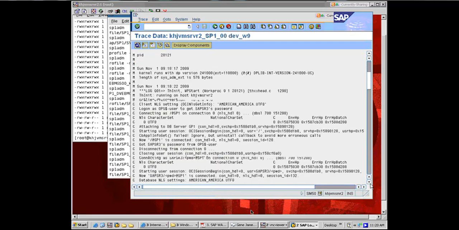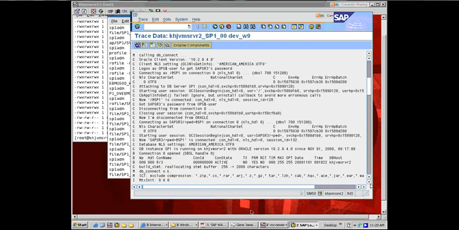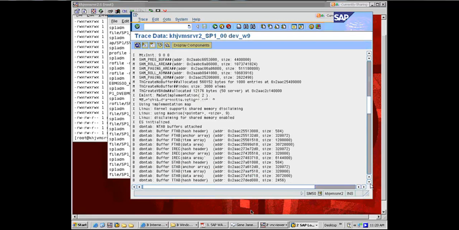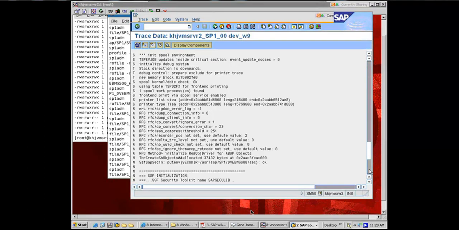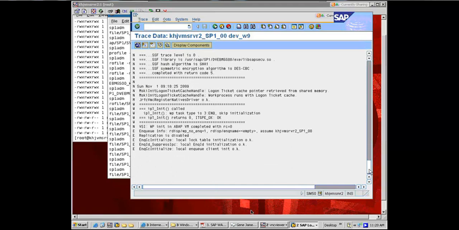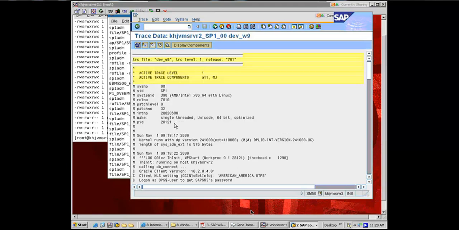Otherwise, you'll have to open up the file, go to the file which says that this is the NQ file, right here showing NQ information, then go to the top of the file, find out its respective PID, which is saying 28121, right?